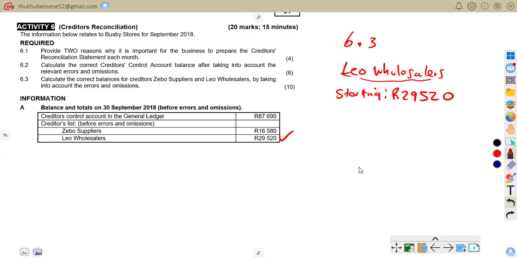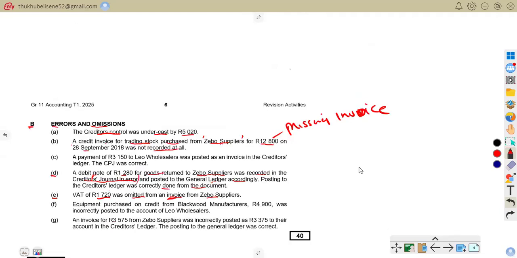Now we go to the adjustment and see the ones that do affect our Leo wholesalers. So we can see now C, as it says, a payment of 3,150 to Leo wholesalers was posted as an invoice in the creditor's ledger, and the cash payment was correct.